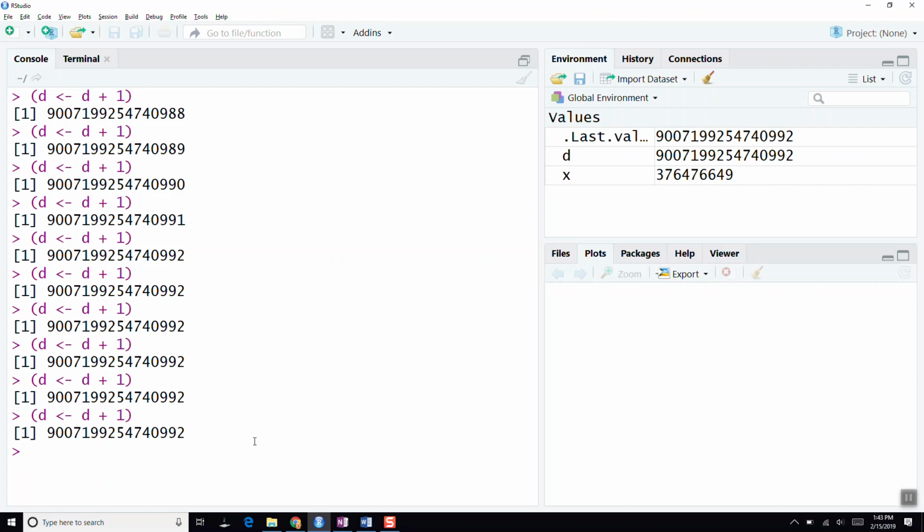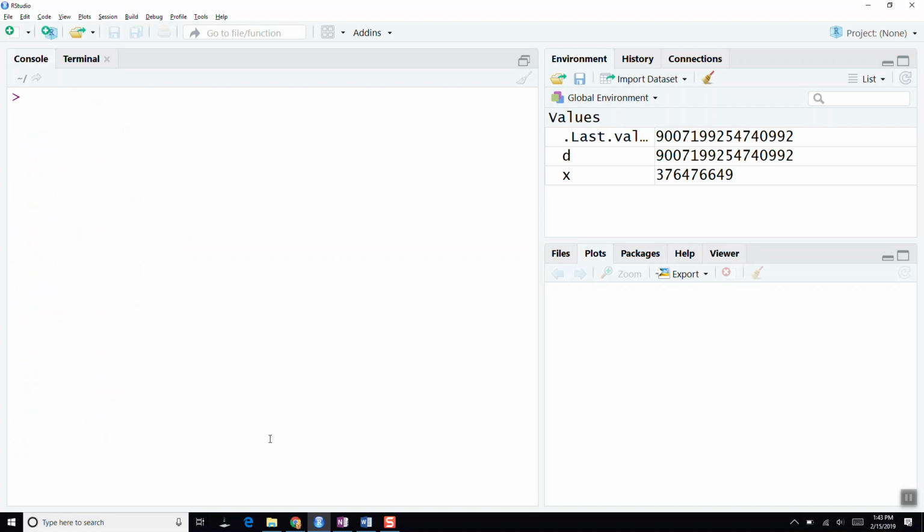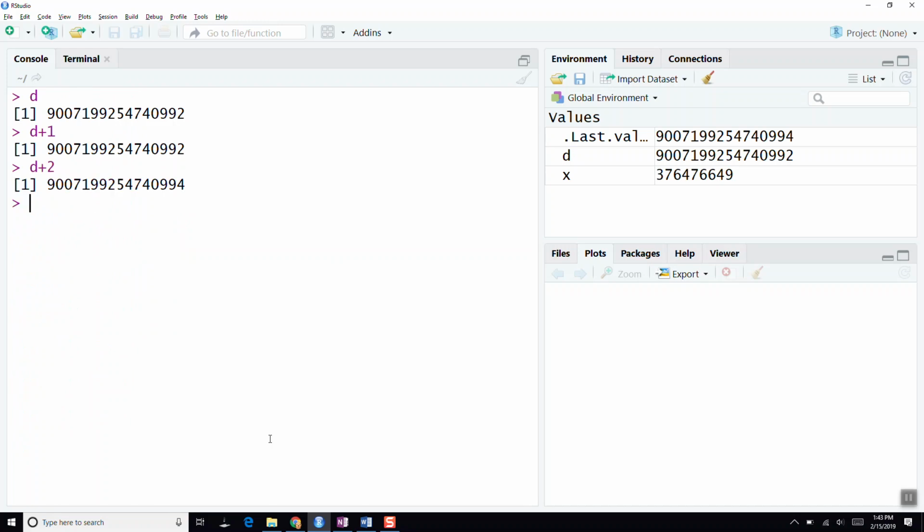This is not anywhere close to double machine X max, okay? D is this, and if I say, well, what is D plus 1? It gives me this. What will happen if I do D plus 2? Will it work, or will it still give me the same? It works, okay?